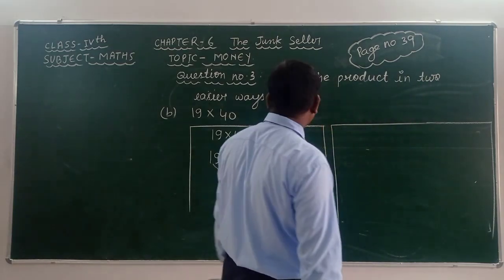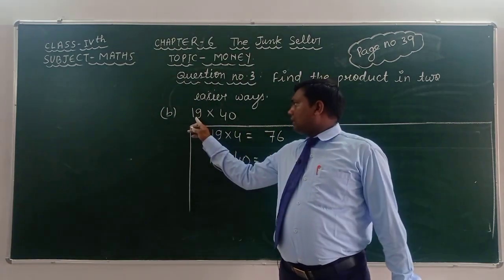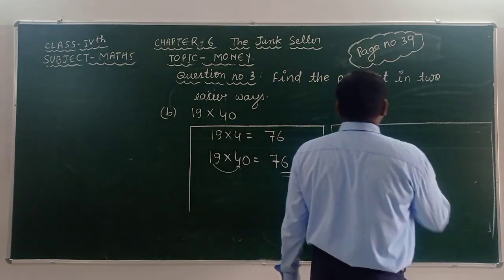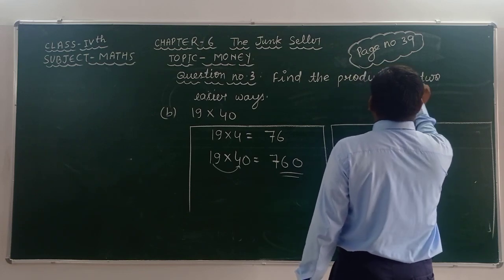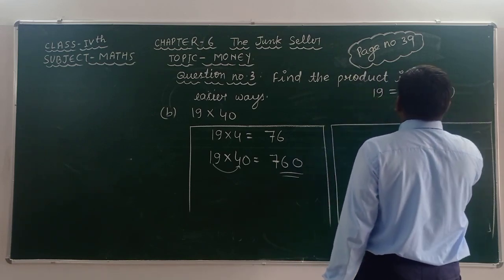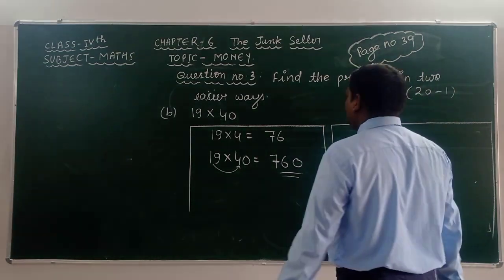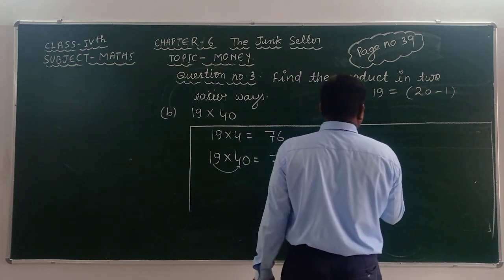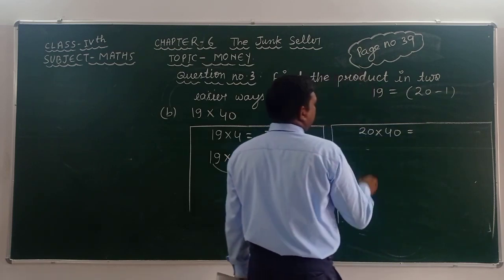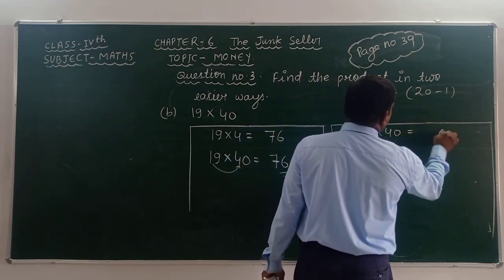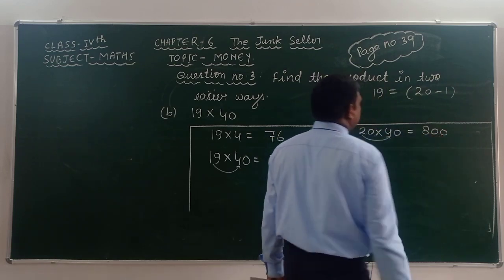Again, we know that here given 19, we know that 19 is equal to 20 minus 1. It means that here we can write 20 minus 1 in place of 19. Therefore we can take the multiplication of 20 by 40. Here given that 0, therefore we can take 0 as same, and 2 fours are 8.